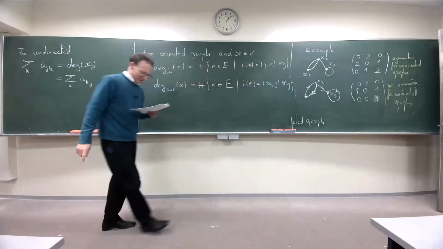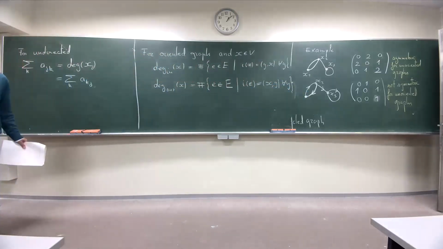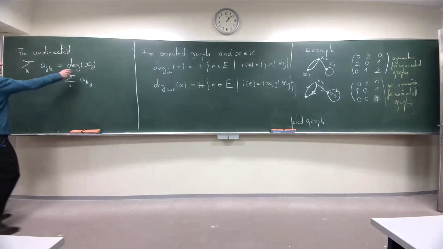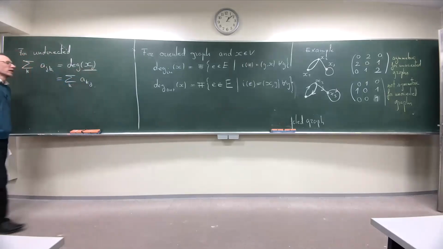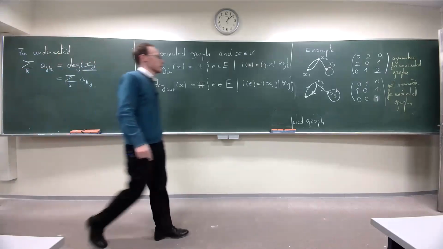The sum should be over j. Now, if I want to define the degree at xj, I cannot sum over j. Look, if the matrix is symmetric, then if you sum over lines or if you sum over columns, you get the same thing.